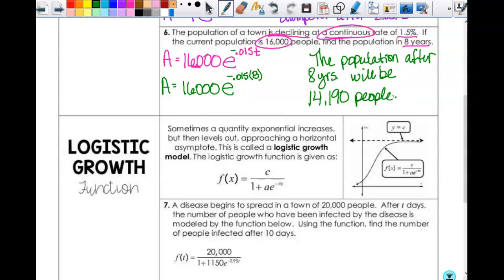Because remember, you cannot have part of a person. No, it's a comma.